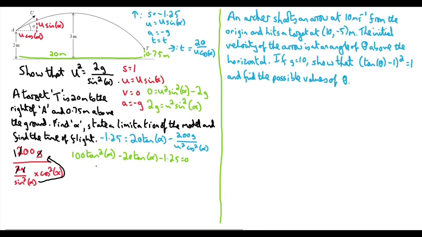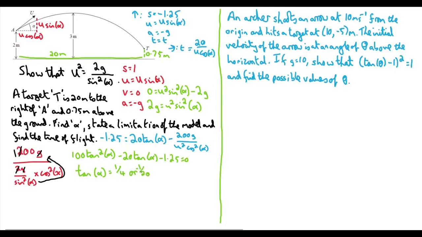You could replace the tan alpha with like x if you wanted, if it's any easier. But either way, you can either try to factorize this by scaling it up until it's all integers, or you can put this into the quadratic formula. And either way, you should find that tan alpha equals a quarter or minus 1 over 20.